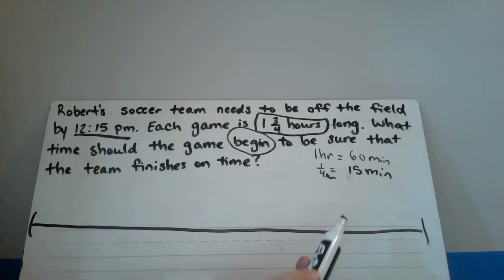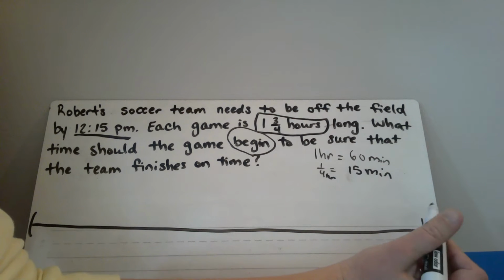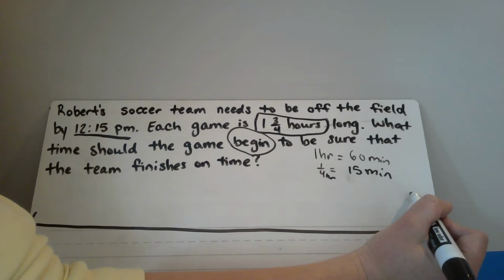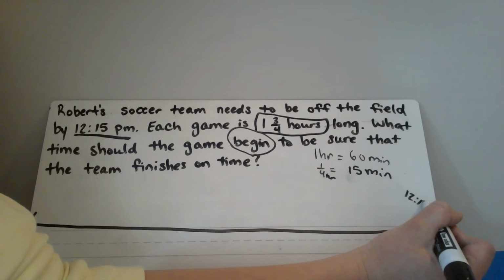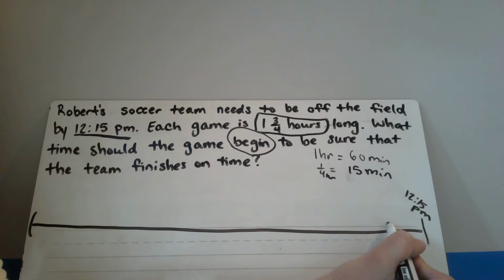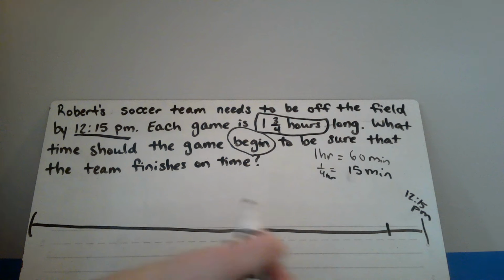So I'm going to make my intervals 15 minutes. So I know my end time again is 12:15 p.m. So if I go back 15 minutes, remember I'm counting backwards this time.